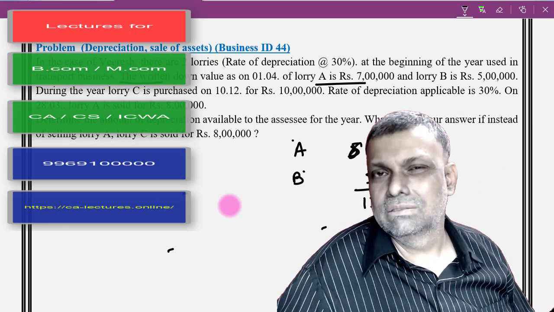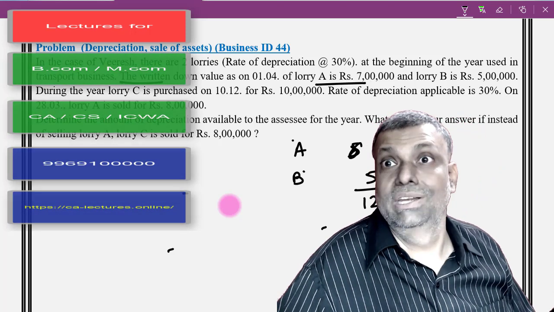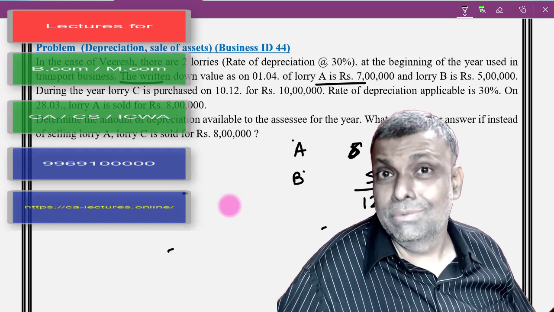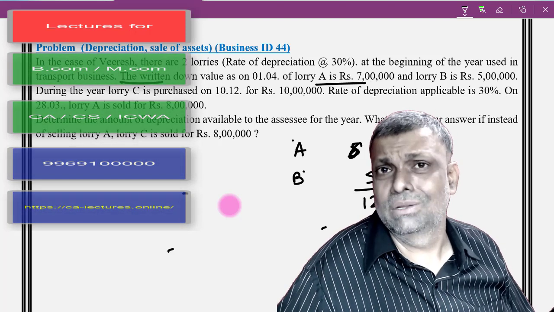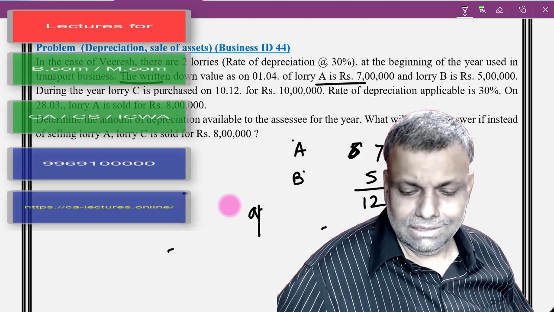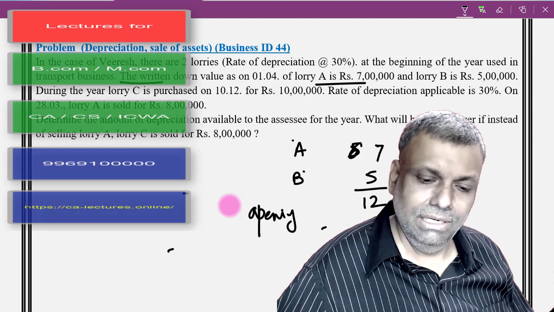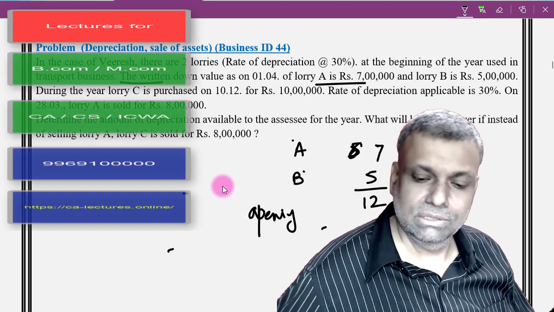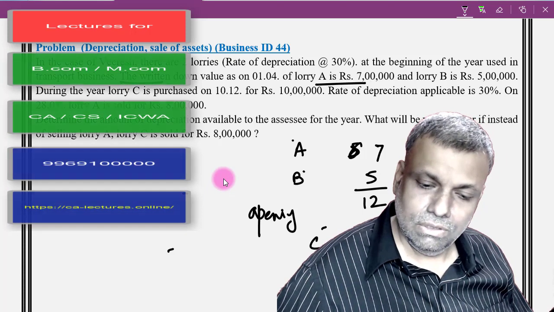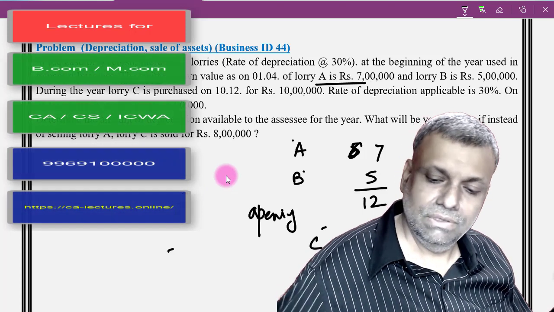Now let me tell you friends, whenever there is a block of assets which has an opening WDV, we can never have an opening WDV with respect to the individual assets. It is just not possible. Okay, however, the question has printed the data, so I'm just using it. So I cannot say that my opening WDV is with respect to A and B or something like that, but anyway, the question has printed. Now C has been added for 10 lakhs, which is eligible for half the rate.